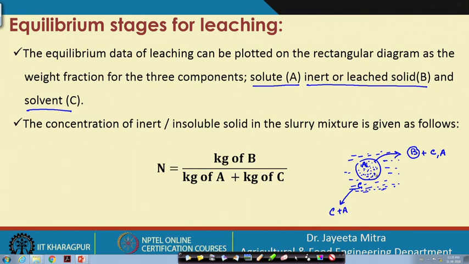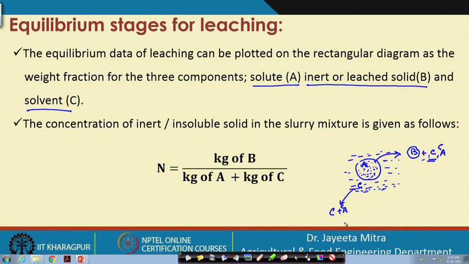Now, whatever small amount of solvent is associated with the B, that is the inert liquid, will ideally have the same concentration of A, because whatever liquid part is there, some liquid will definitely be there. So, the concentration of A, if I say C suffix a, the concentration of A in the C stream or the solvent stream, and the concentration of A in the stream that is the overflow in the process, will be the same.